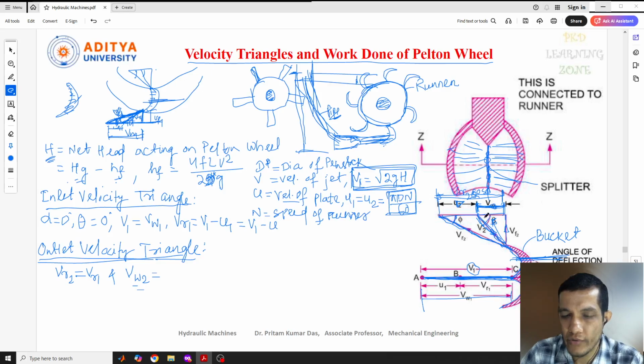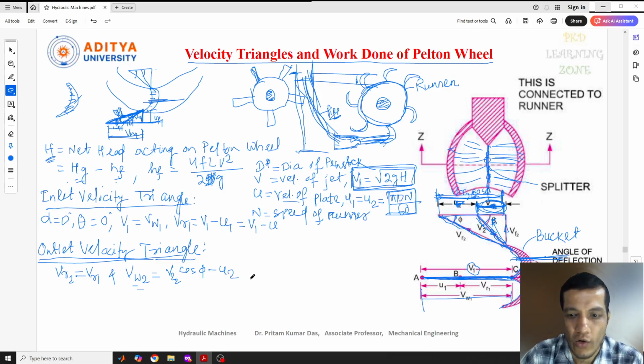But here, if you see, this VW2, the whirl velocity, will be in the reverse direction. So VW2 equals the total distance, the total value of this minus this one. So I can write VW2 equal to VR2 cos phi minus U2.